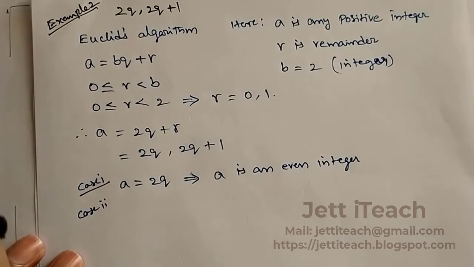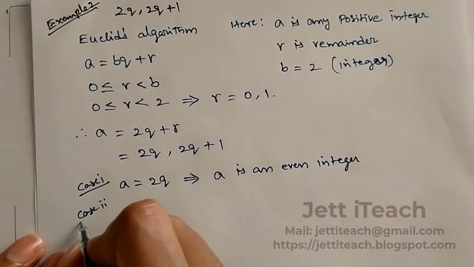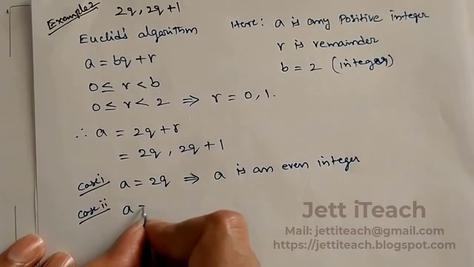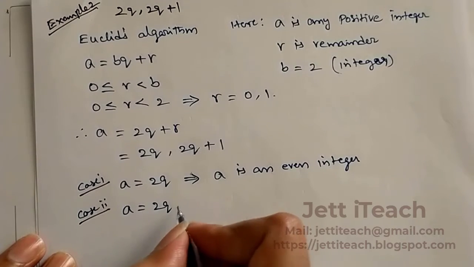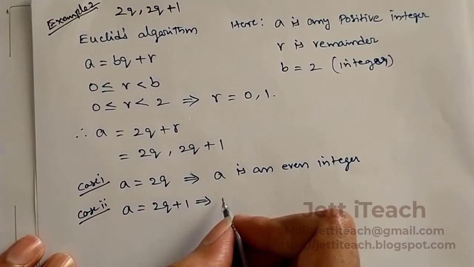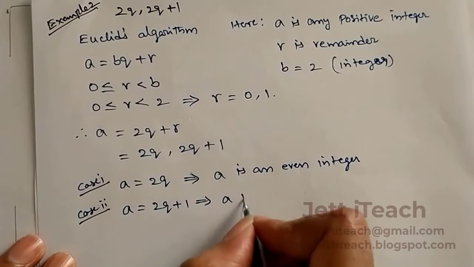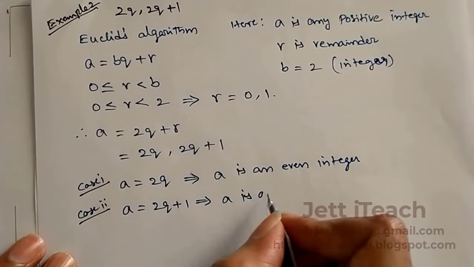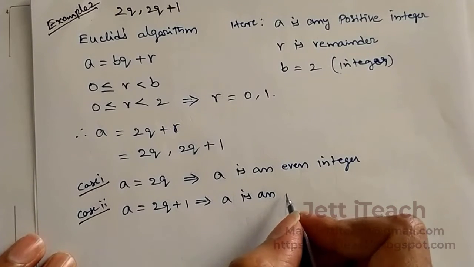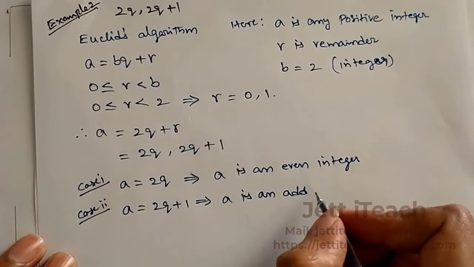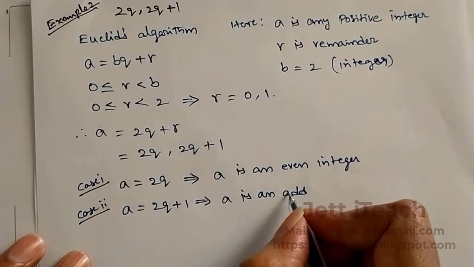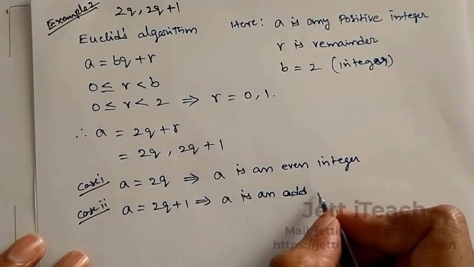Case 2: a is 2q plus 1. a is an odd integer.